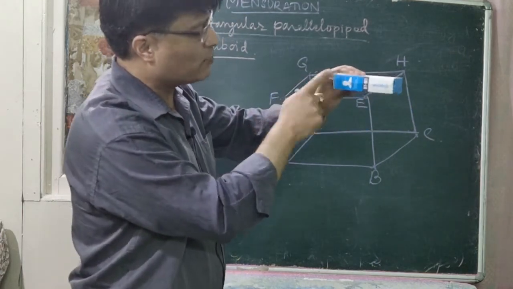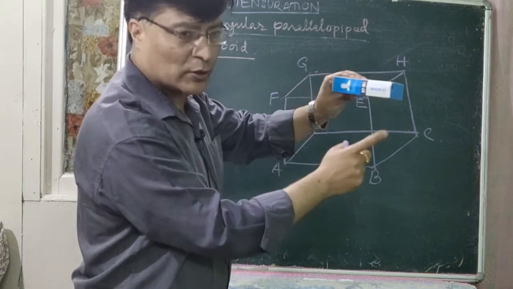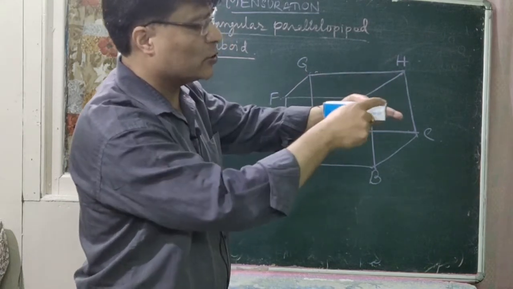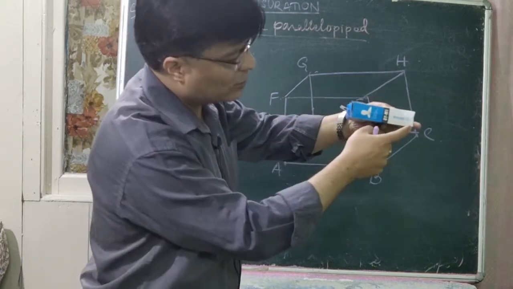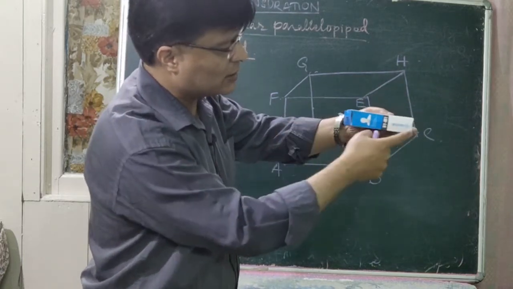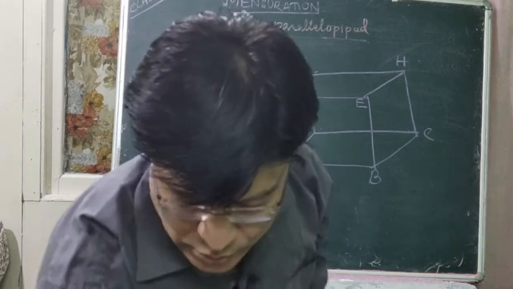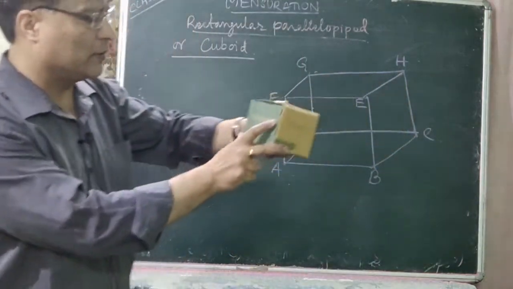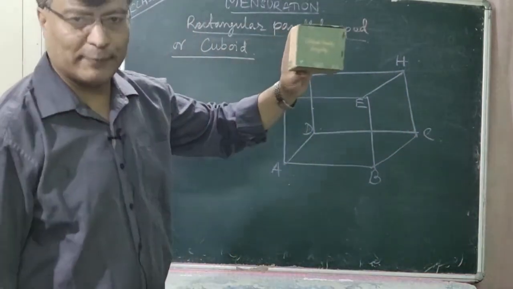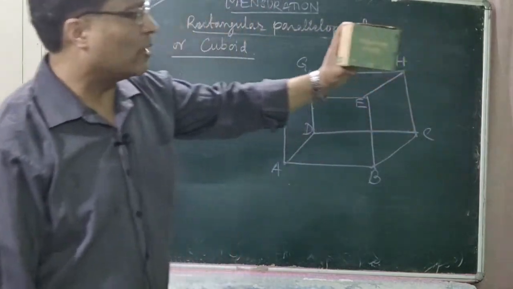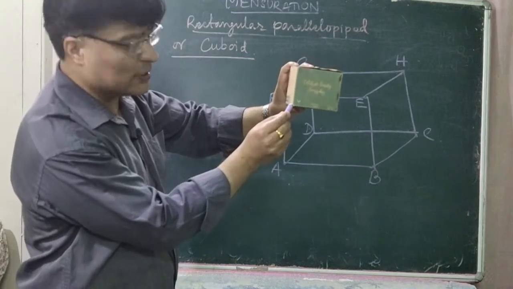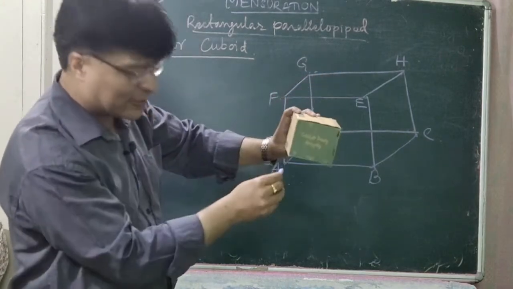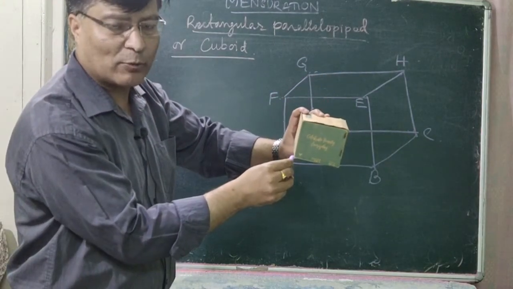Again, you can join this point and that point. So this is the second diagonal. Again, you can join this point and that point. This is another diagonal. So let us take this example. This is also a rectangular parallelepiped, right? Now, if you join this point and this point, you can draw a diagonal inside this rectangular parallelepiped.